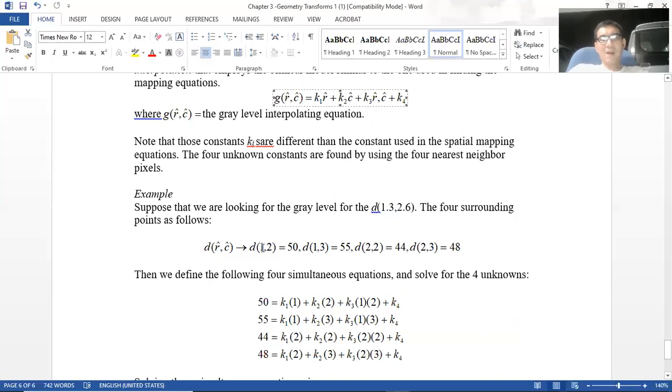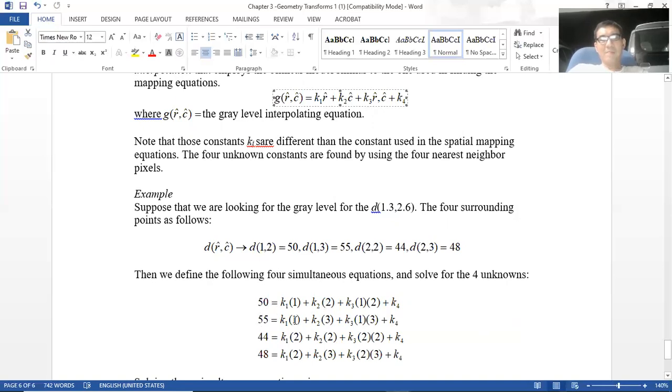So the R prime and C prime. The R prime, C prime is 1, 2, and 1 times 2. So this is one equation, for the first point, and the second point, 55.